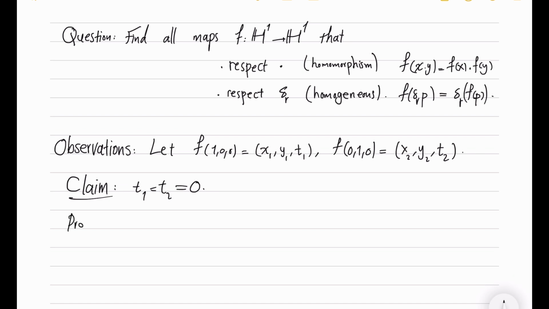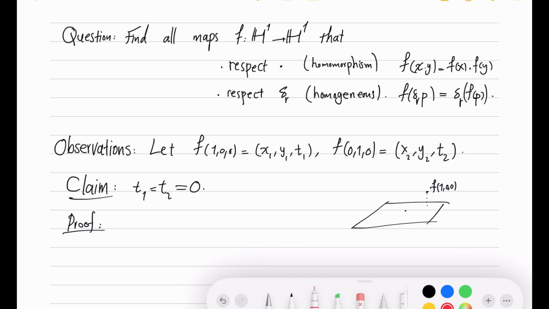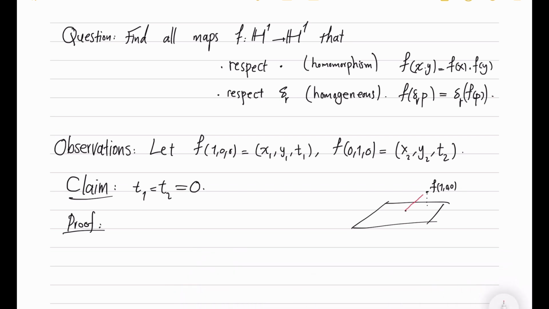Why? Well, pictorially, here's the reason. If you are at the origin and you map, so let's say this is f of (1, 0, 0). If it's off the plane, what happens is when I dilate, on the one hand, by homogeneity, I must remain on this straight line.